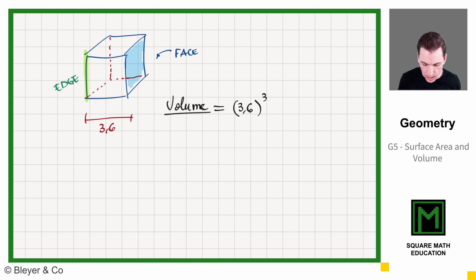If you take your calculator, you're going to find out that this is 46.656. It is important to notice that we start our problem with only two significant figures, two digits.